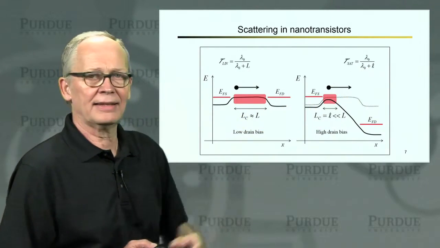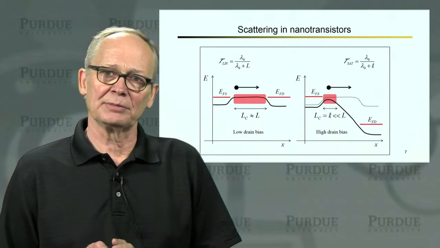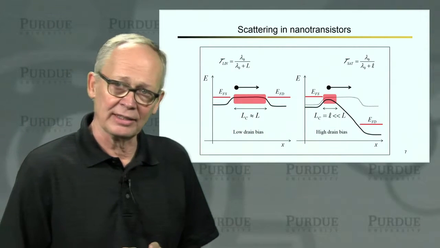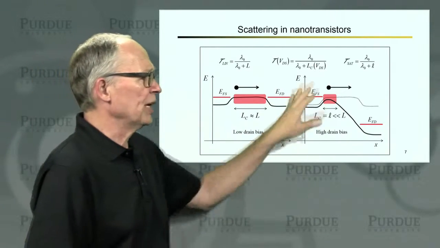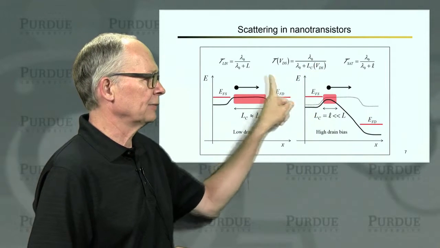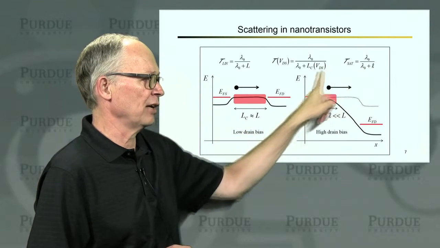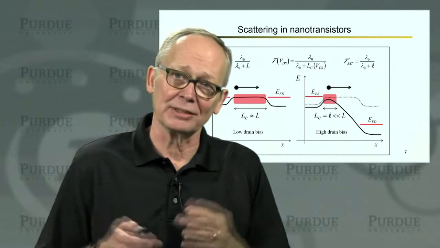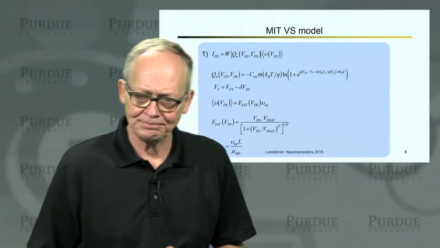It has a length L, which is a small fraction of the channel length, and that's why the transmission under saturation conditions is distinctly higher than it is under the linear region of operation. So in general, this critical length that varies from the entire channel length to a small fraction of the channel length depends on the drain to source voltage in a way that's actually rather difficult to calculate, and we didn't go into it in much detail.